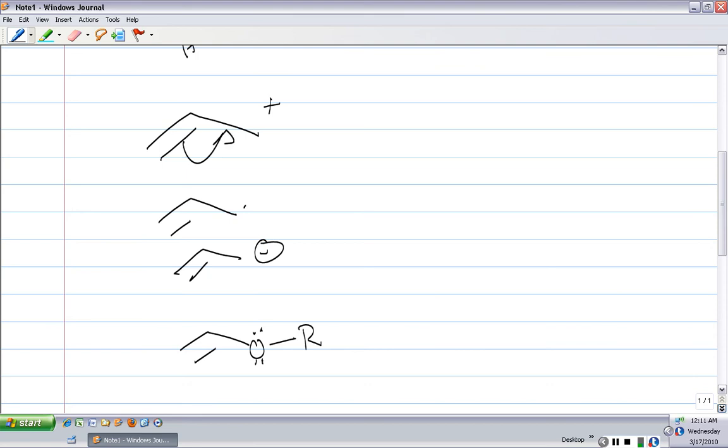I would be able to stabilize the entity by resonance. So I'll be able to draw that resonance form, the positive charge here. So the hybrid then really looks like this, and there's a positive charge that is delocalized over the two.